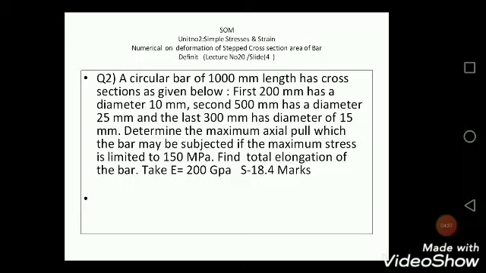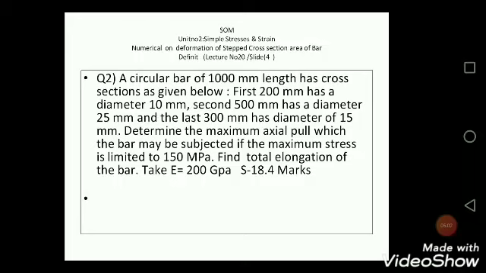Determine the maximum axial pull which the bar may be subjected to if the maximum stress is limited to 150 MPa. Find total elongation of the bar. Take E is equal to 200 GPa.